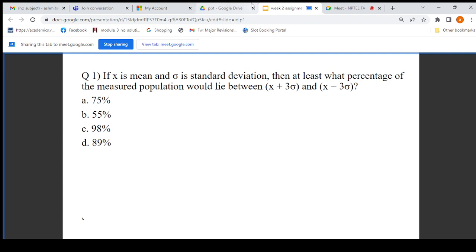Anyone? I think we use the Chebyshev's theorem. Yeah. And any other?